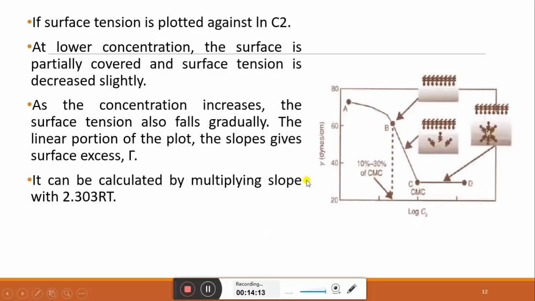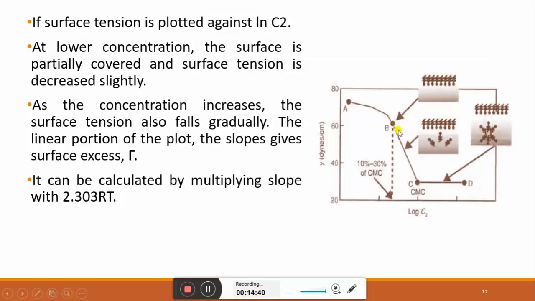So the main point is this. For the soluble monomolecular film, if we add surfactant into a solution, it has a tendency to cover the surface, and when it completely covers the surface, the surface tension reduces from point A to B. At this point, the surface is completely covered with surfactant.